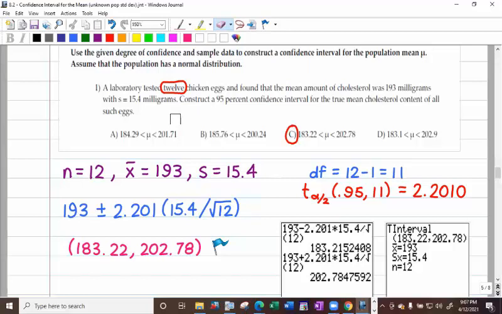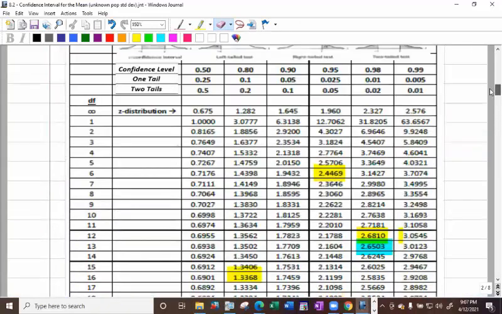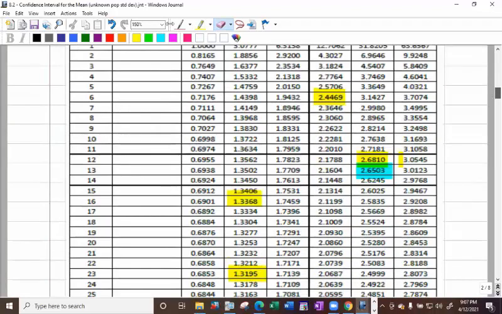Okay, let's see what we have here. I think we can do this. There it is using the formula. I can do the chart real quick. 95%, n is 12, so it's 11 degrees of freedom. 95, 11 degrees of freedom, 2.2010.